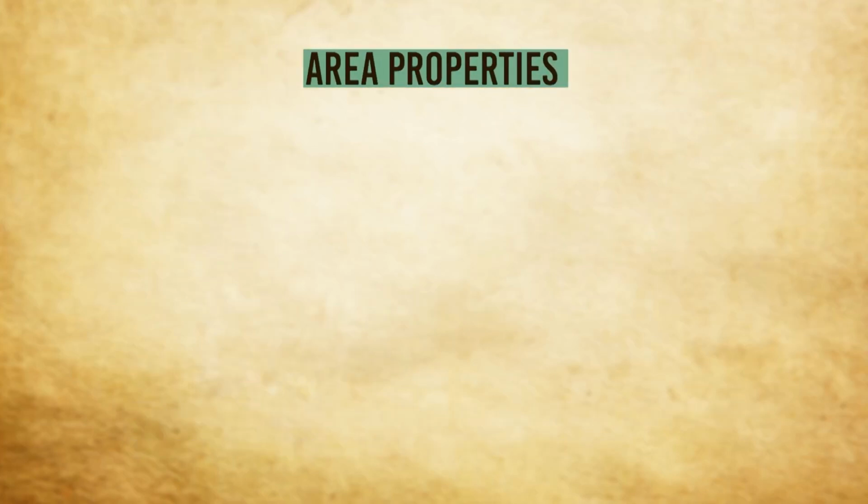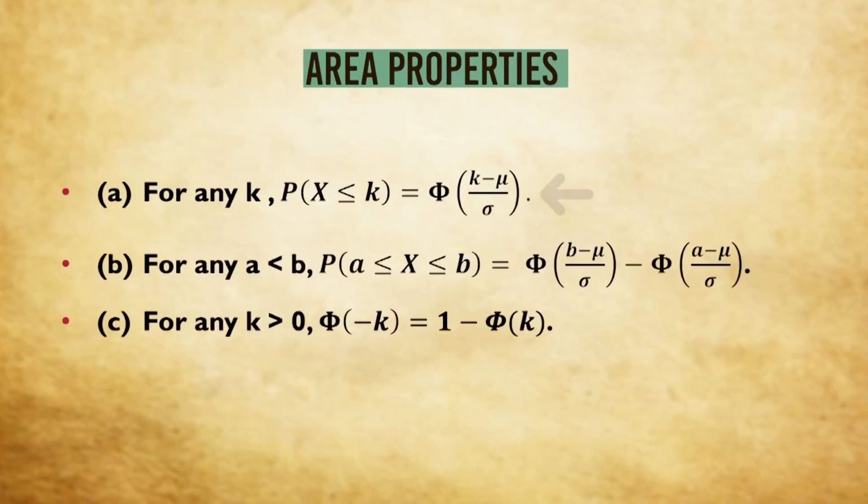Area properties. For any k, suppose I want to find out probability x less than or equal to k. That can easily be found out in terms of capital phi, the CDF, as capital phi of (k minus mu) by sigma. Similarly, for any a less than b, if we try to find out the probability that x lies between a and b, that can also be found out in terms of capital phi as capital phi of (b minus mu) by sigma minus capital phi of (a minus mu) by sigma.